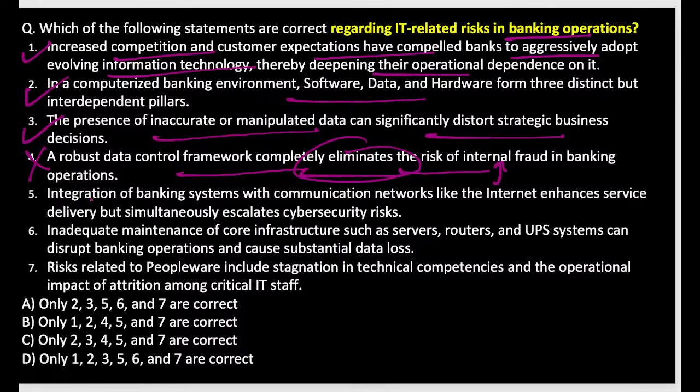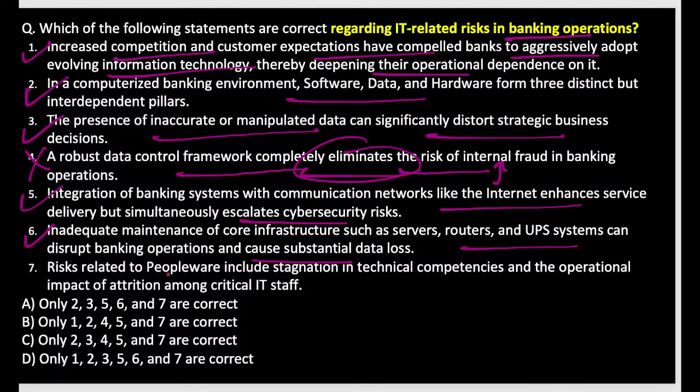So next one is integration of banking system with communication network like the internet enhanced services delivery, but simultaneously escalates the cybersecurity risk also. Inadequate maintenance of core infrastructure such as servers, routers, and UPS system can disrupt banking operations and cause substantial data losses. Yes.